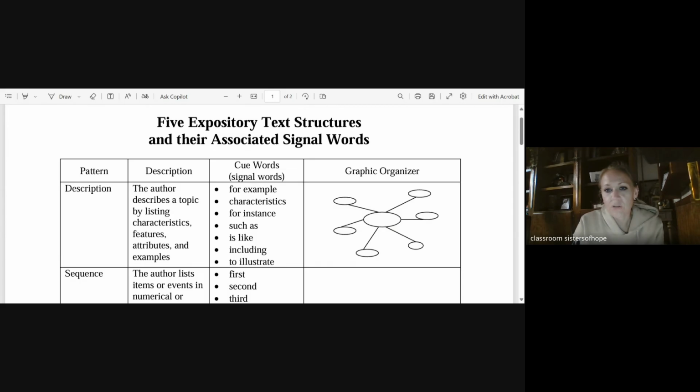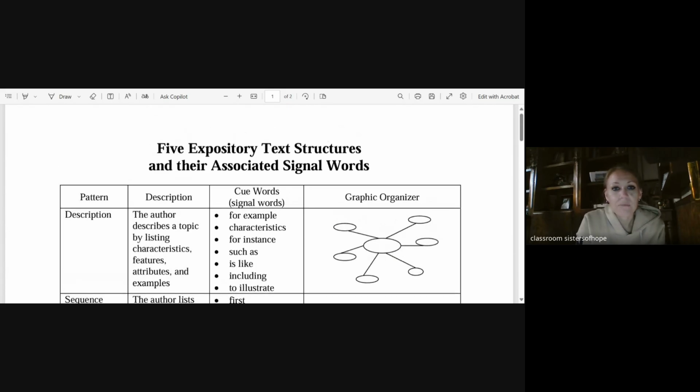So if it was talking about a butterfly and just describing a butterfly, you'd put the word butterfly in the middle, and then you might put wings on one, colorful on another, insect on another. So whatever it tells you about in the passage, it would go in those bubbles around it.